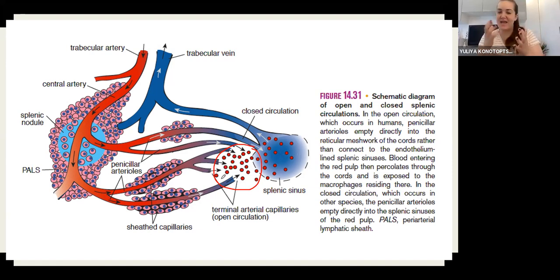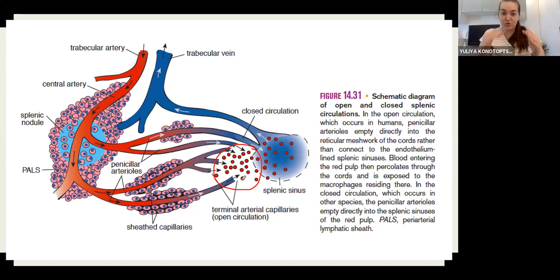It's the same as, I don't know, you guys probably have filters at home, like the one you use to filter water. When you put a bucket of water, you first put it through a filter. That filter is filled with some kind of particles that filtrate your water. So the same idea is here: the filter is the cords of Billroth.